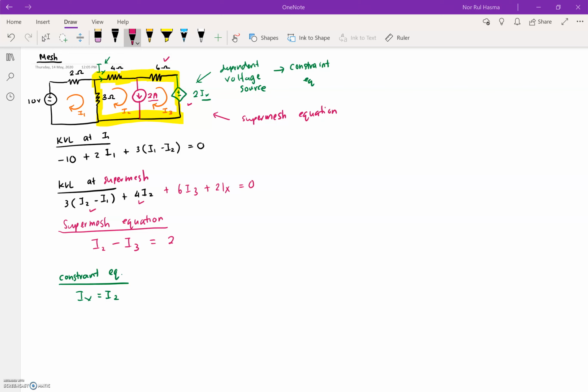What happens if I change the current source here to be a dependent current source, and I change this one to be 2 Vx? So Vx is here.